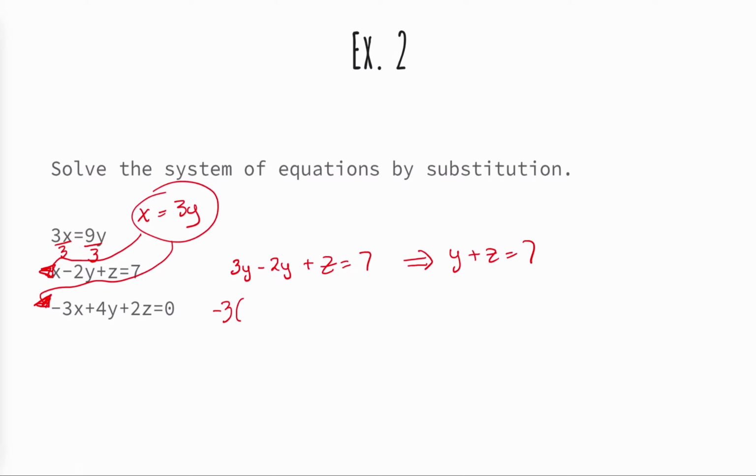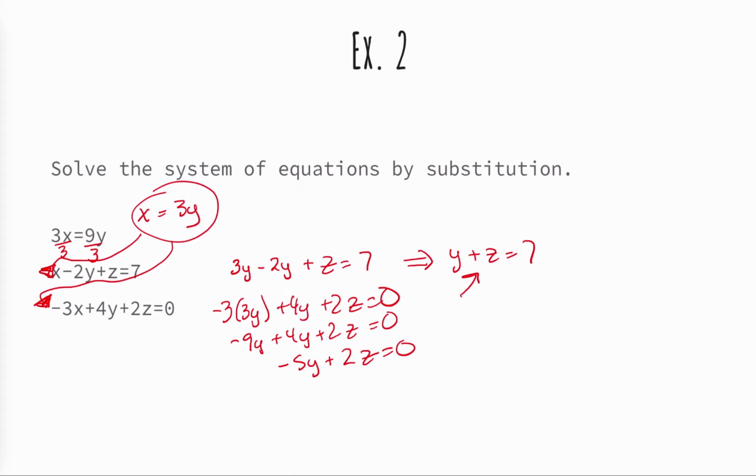Negative 3 times 3y plus 4y plus 2z equals 0, which is negative 9y plus 4y plus 2z, which is negative 5y plus 2z equals 0. This, we can then solve for one of our variables.